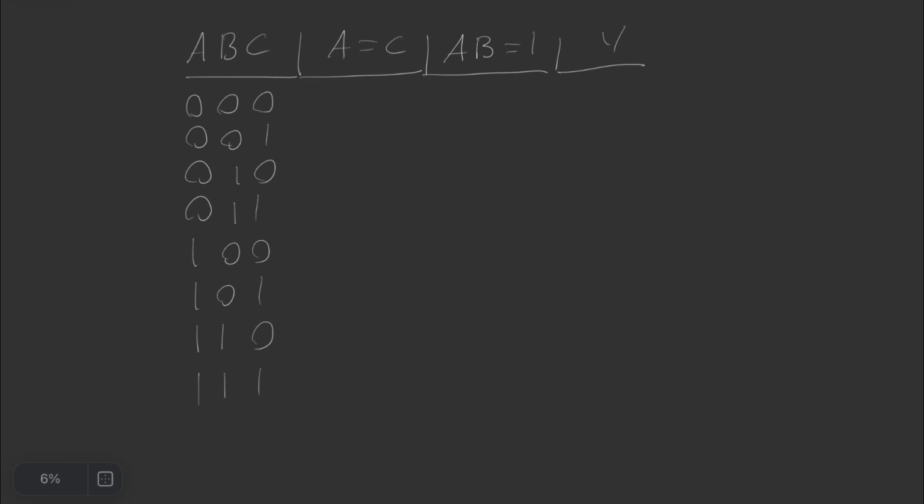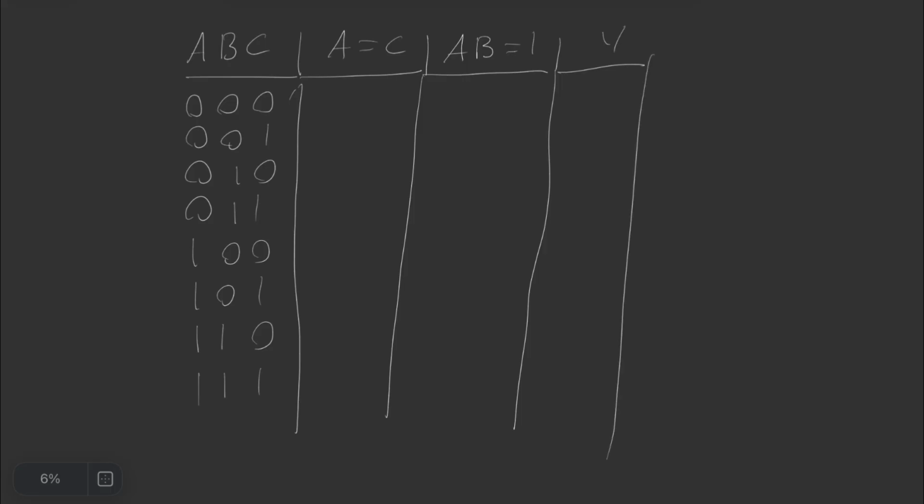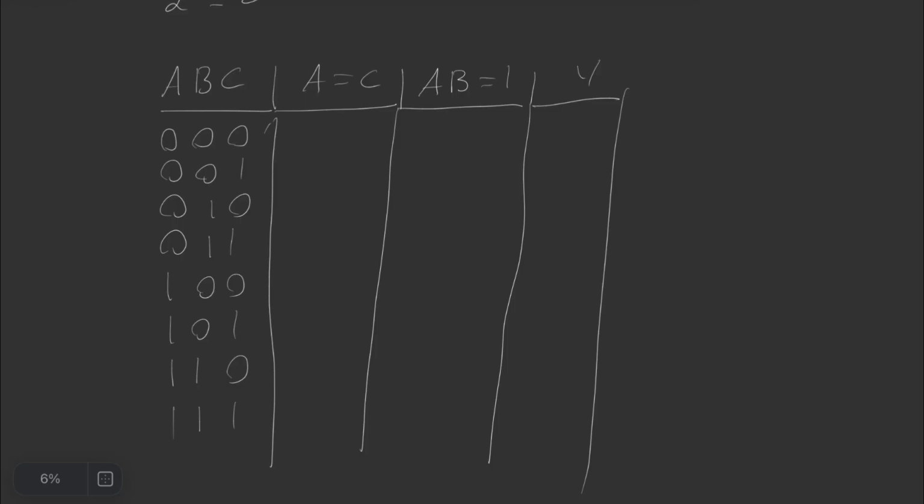The only reason I didn't do it that way is because every single time I do it like that, I always mess up the alignment. So we're just going to go through our conditions, and if either condition is met, then our Y value is 1 or true.